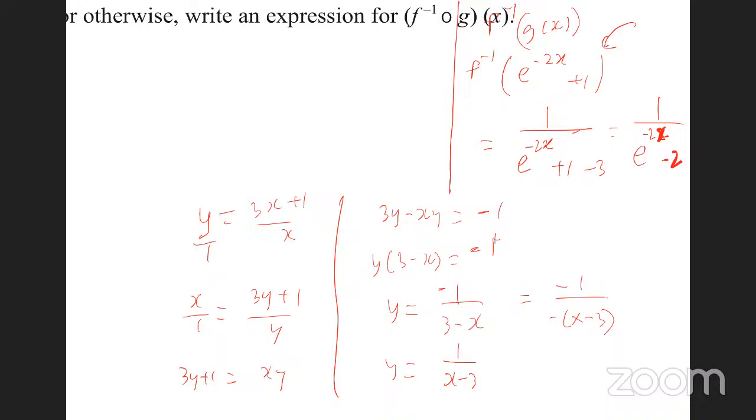Next one. Wait, now this is one question. Oh, we now finished number 2.